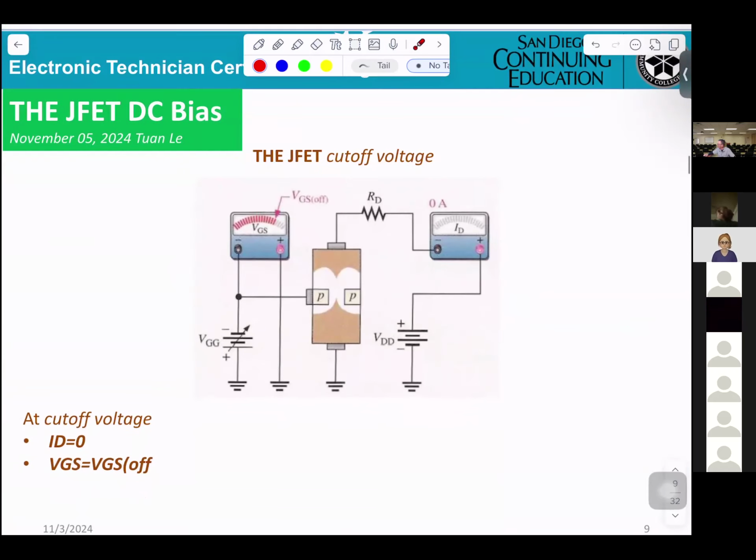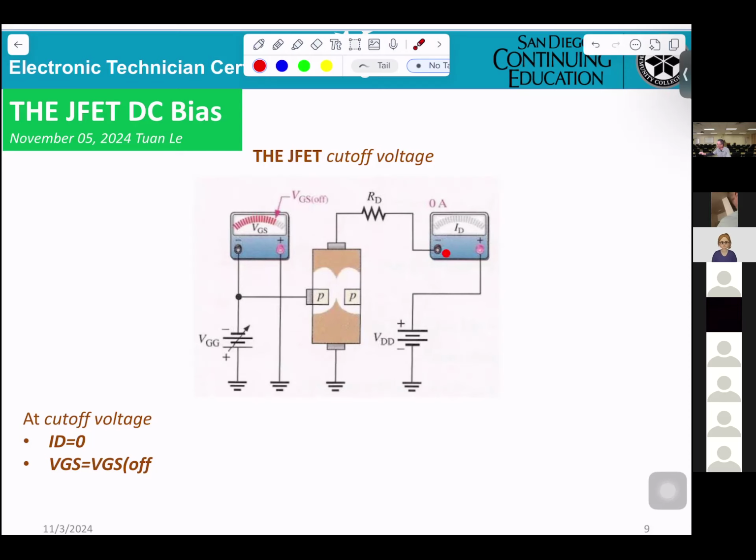Now let's see what's going on here. You can see at this point you don't see any channel. It looks like it is off, right? So what they say is cutoff voltage, VGS off. That means the gate voltage gets more negative, and there is no channel, no current flow.